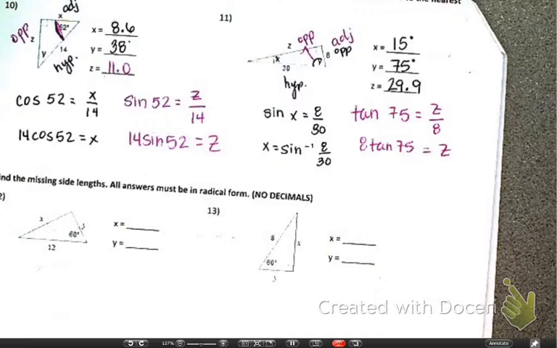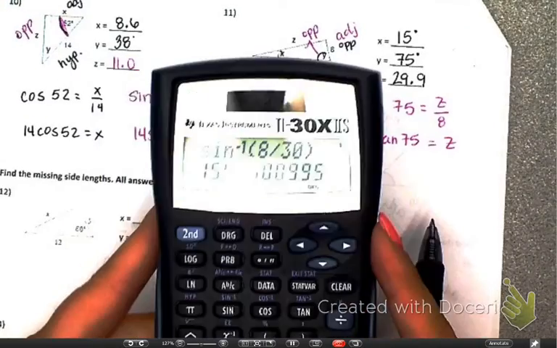Okay, yeah. I think I got 15.5 in my calculator. Okay, so let me look at, maybe I didn't round, let me see. Okay, hold on. The inverse sine of 8 divided by 30, I have 15.46. So since I'm rounding, can you see that?